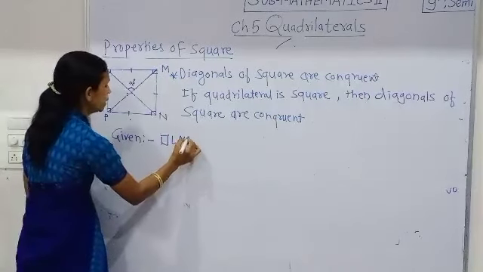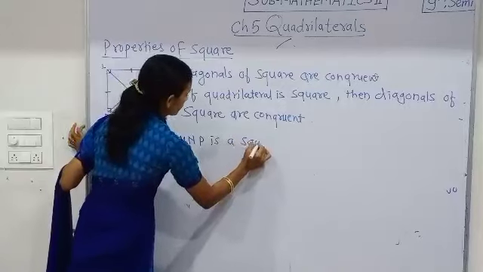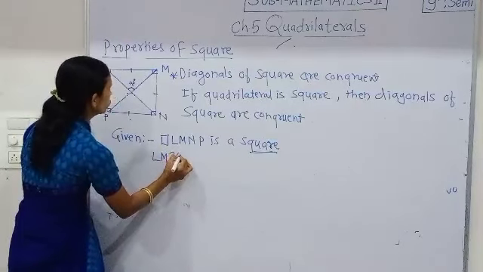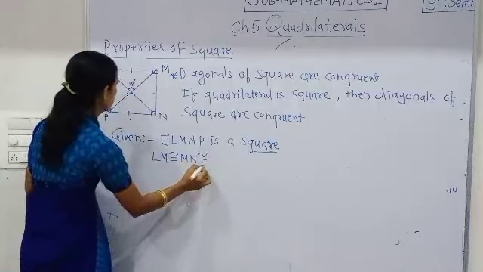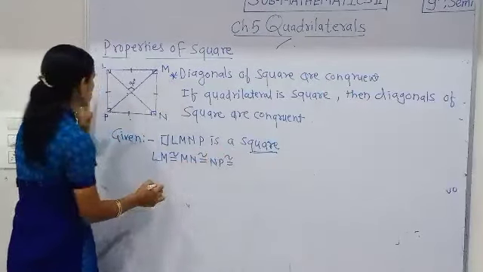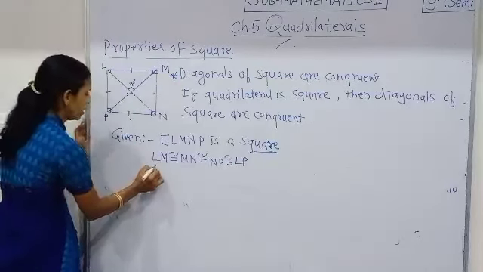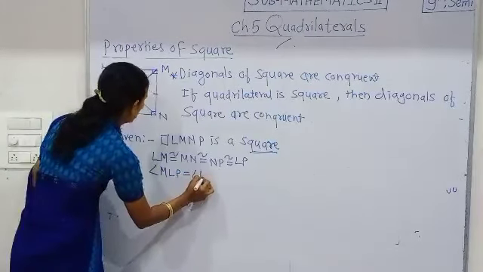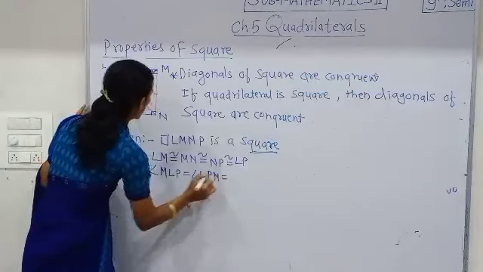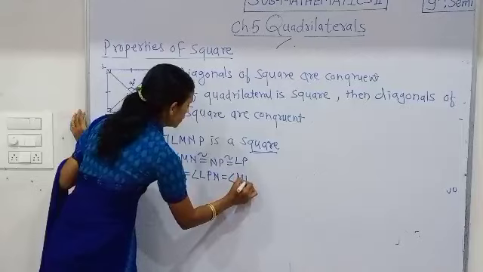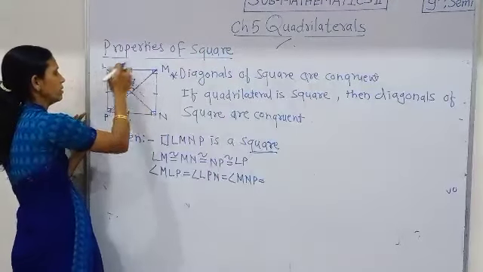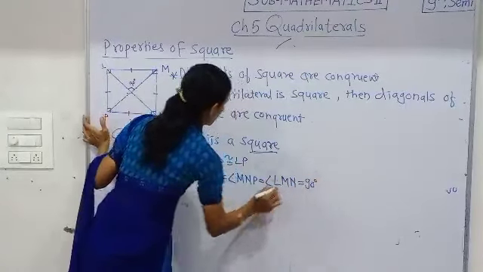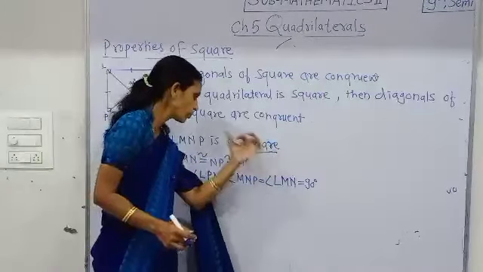Quadrilateral LMNP is a square, and as it is a square, therefore LM is congruent to MN, congruent to NP, congruent to LP, as well as angle MLP is 90 degrees, angle LPN is 90 degrees, angle MNP is 90 degrees, and angle LMN is 90 degrees. That is about the property of a square.